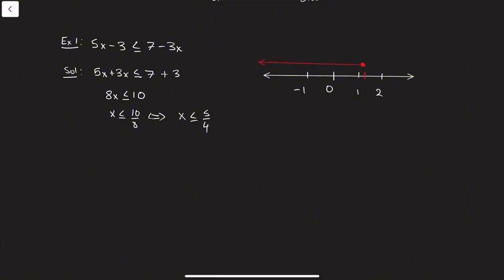In interval notation, I'll write it like this: we have -infinity, open bracket, since -infinity is not necessarily a number. And then we go to 5 over 4 in a closed bracket, or a square bracket, sorry, because we have a filled in circle. And that's your solution. Relatively easy. Let's go to the next problem.